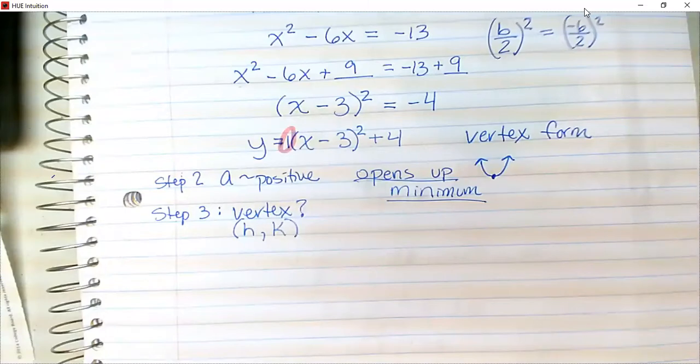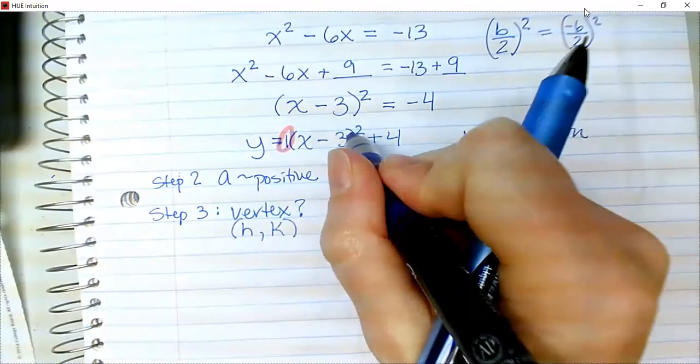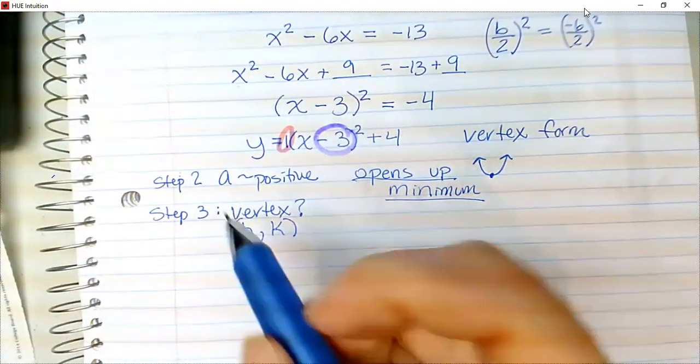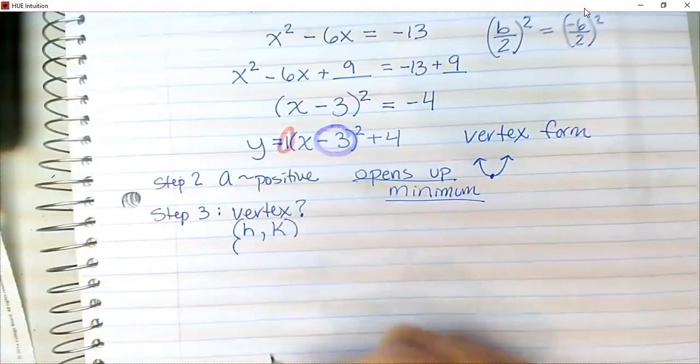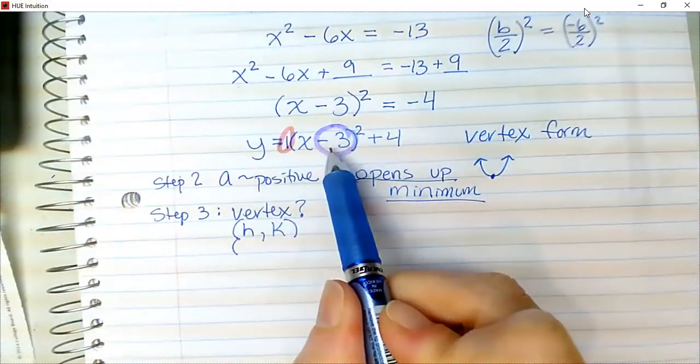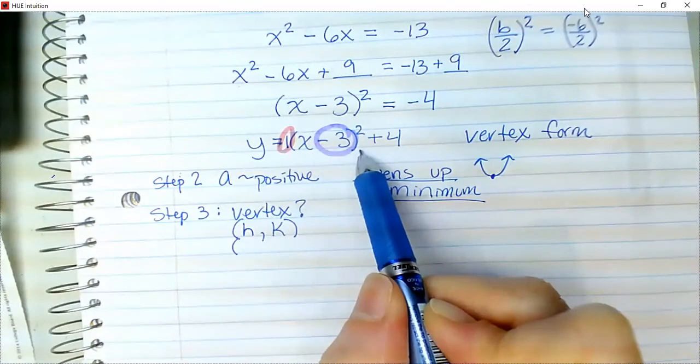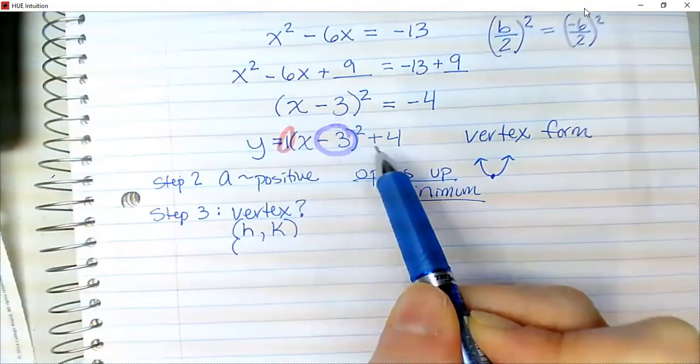So H, K in this situation right here, here's H. H is -3. But remember when we plug it into our ordered pair, we want the opposite sign of what H is, okay? Because if we multiplied this quadratic out, we'd actually get the opposite sign.